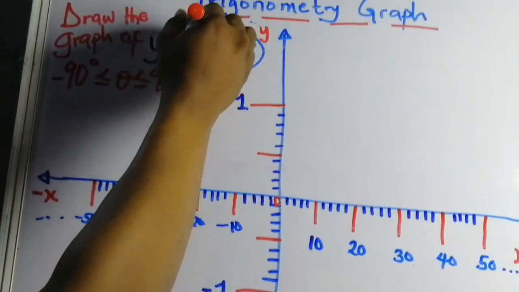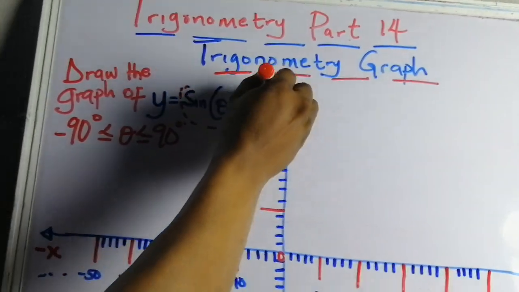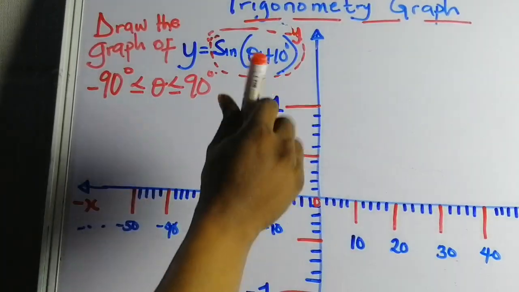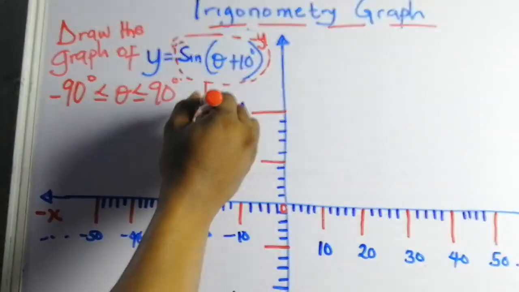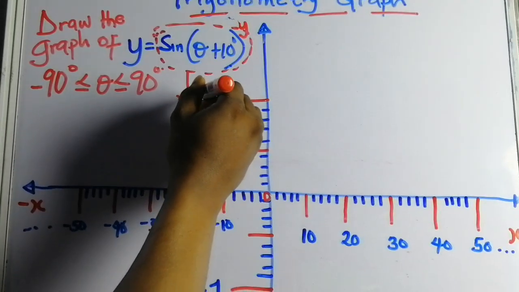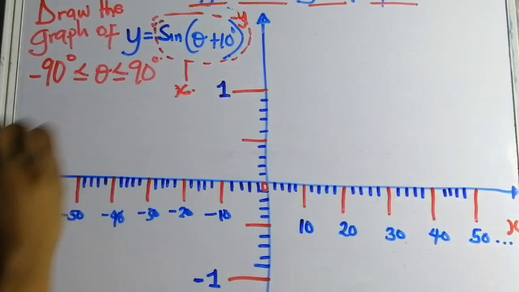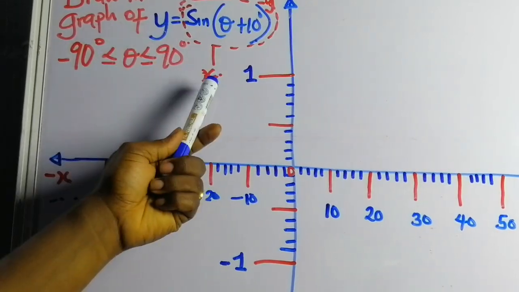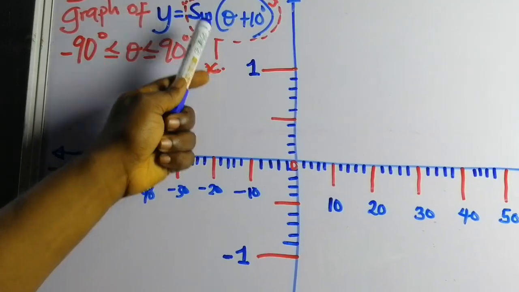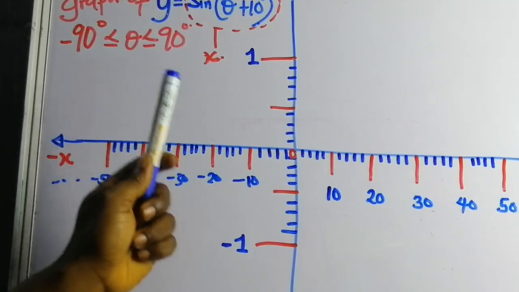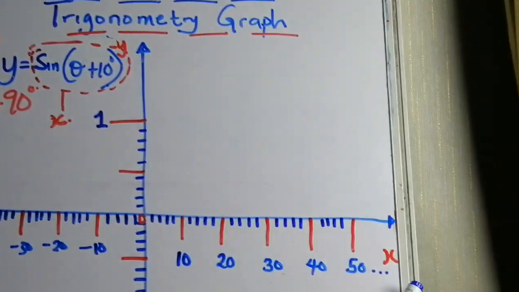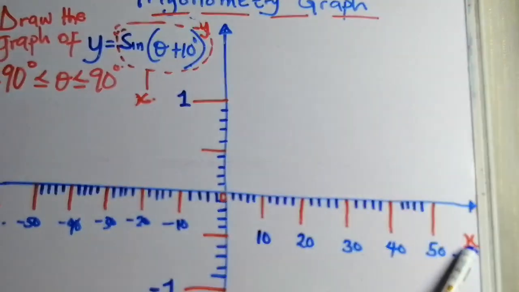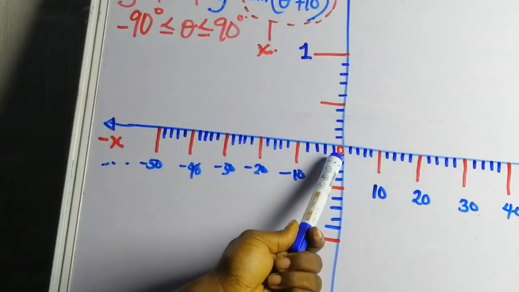This is y, this is your x. All these values stay on your x-axis. We also have x here, that is the positive x-axis. Anything below 0 is negative.